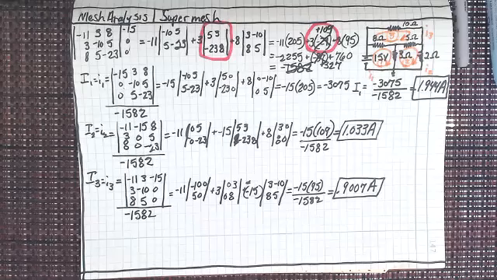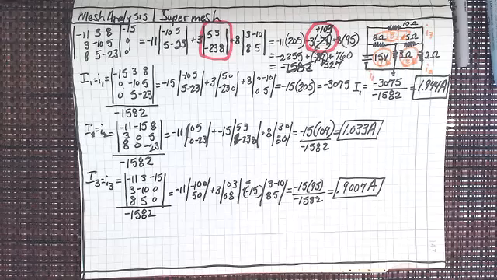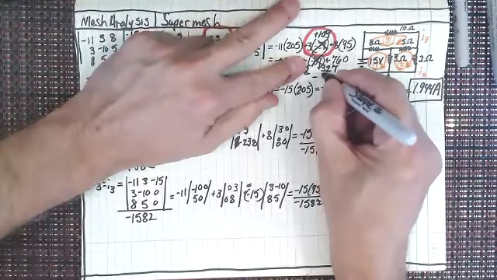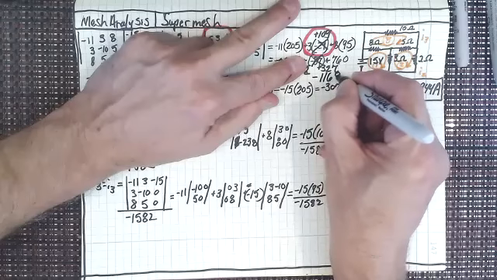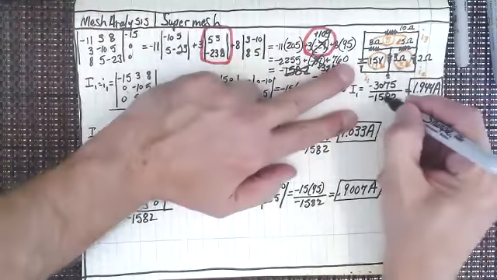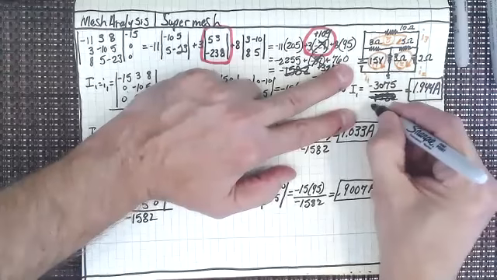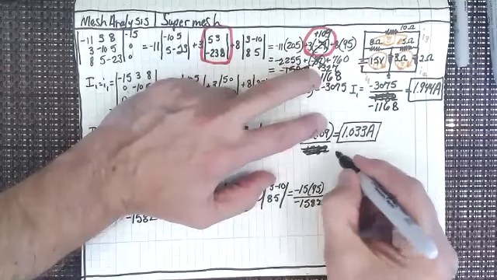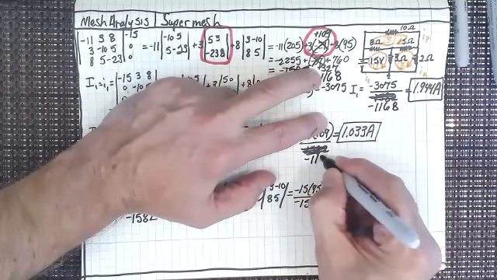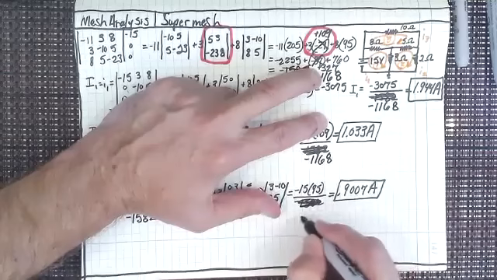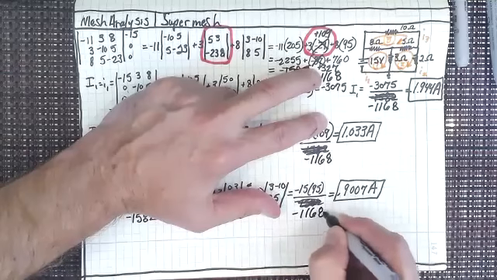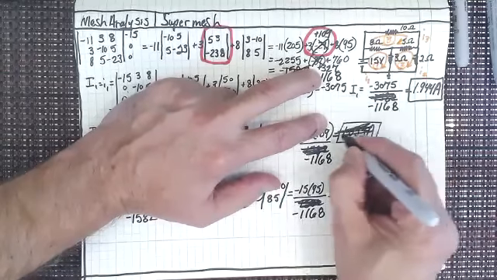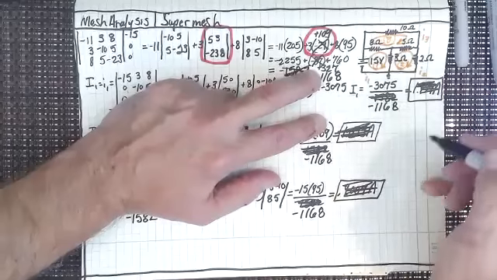So 1,087 minus 2255 gives me minus 1168. All right, so these should be minus 1168, and that's going to solve all of this. Minus 1168, minus 1168. And that is going to change these two, right?